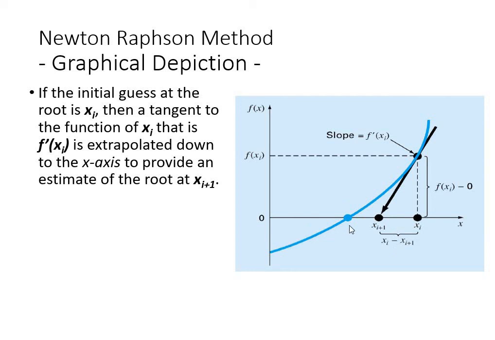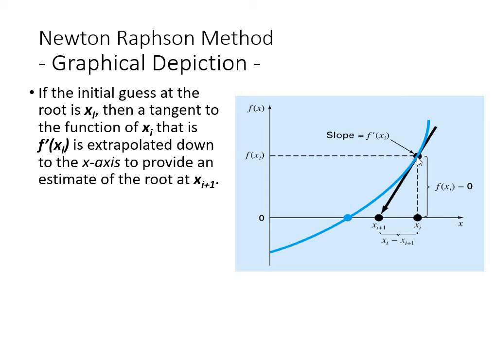Alright, so if the initial guess is say xi, then the tangent to the curve at that point will give you the next value, your estimate, which is in this case xi plus 1, and this xi plus 1 is closer to your actual value.